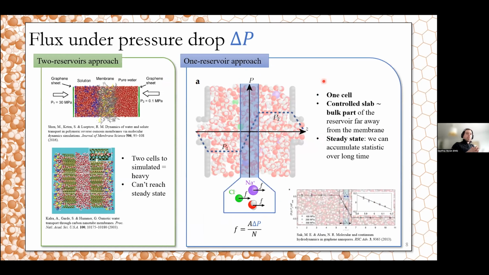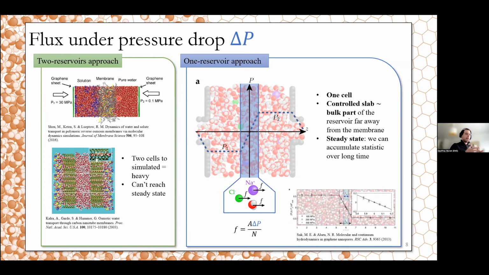The first thing to try with this setup is to apply a pressure drop, like in experiment. There are typically two approaches for doing this. One can consider a two-tank system, which is the classical way, with two tanks under different conditions, with different pressures, for example.